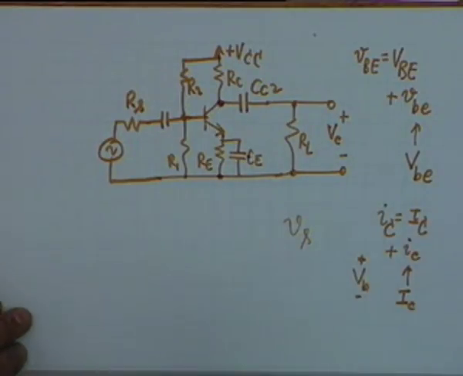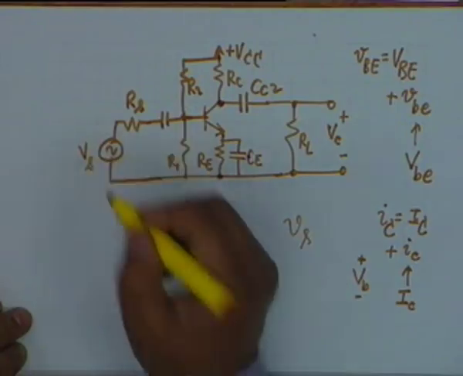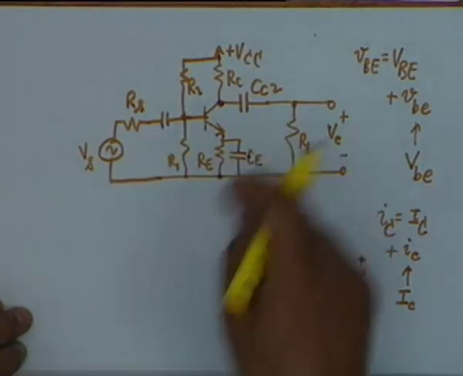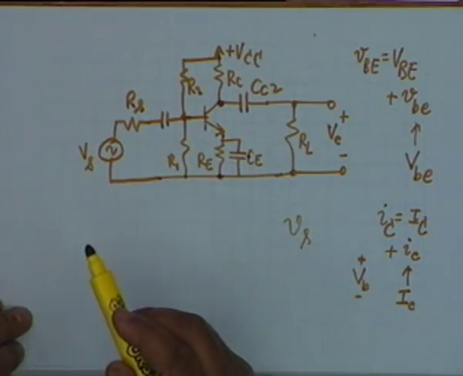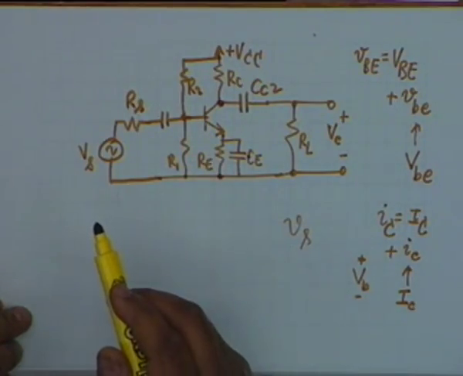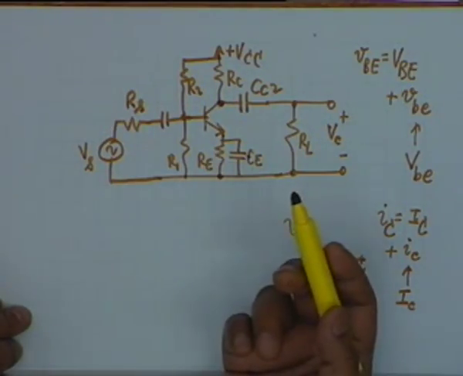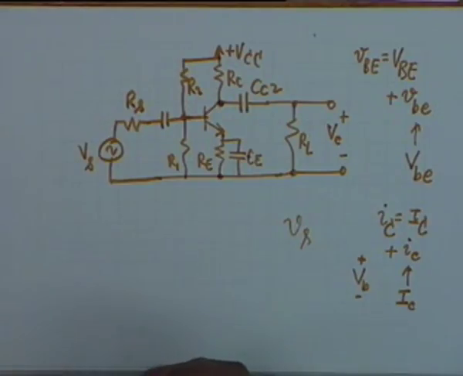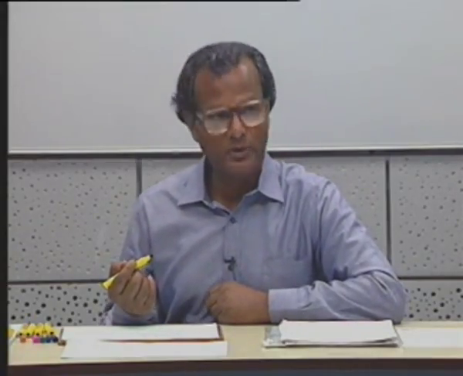And if I want to only write the RMS values, we will write this as capital V subscript small s. We shall follow this discipline throughout. For example, the AC base current shall now be denoted by capital I subscript small b. That means the root mean squared value of the signal current. And as I have repeatedly told you, we can divorce signal quantities from DC quantities, and therefore we can analyze by means of the small signal model of the transistor.